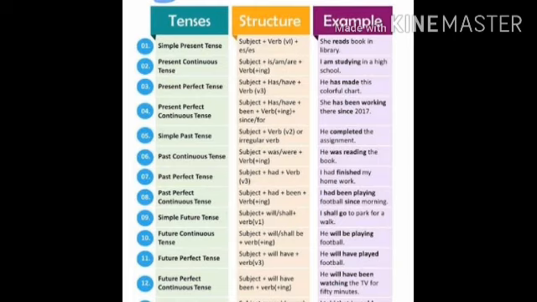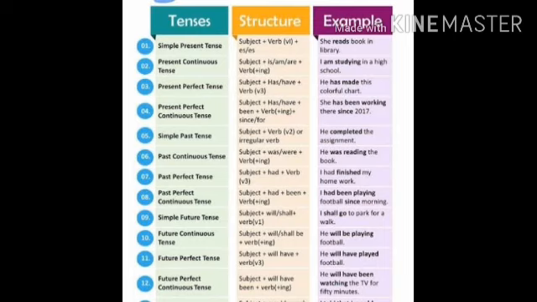As you can see in the example, students, she reads book in library. So we use reads, s with first form of verb. So she is the subject in this sentence, reads is the verb, and book is the object in this sentence.